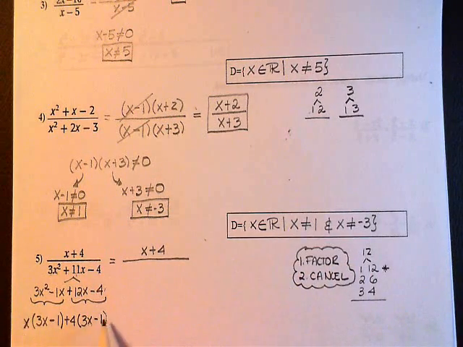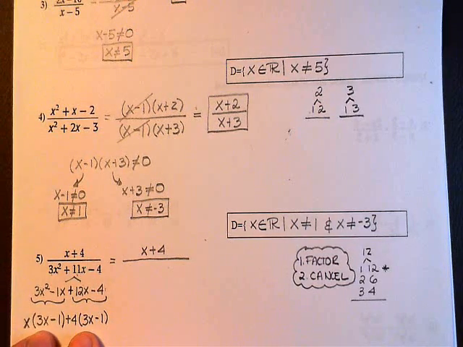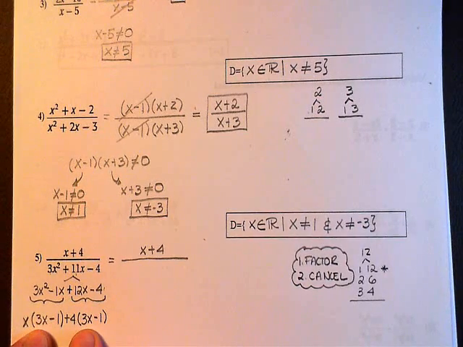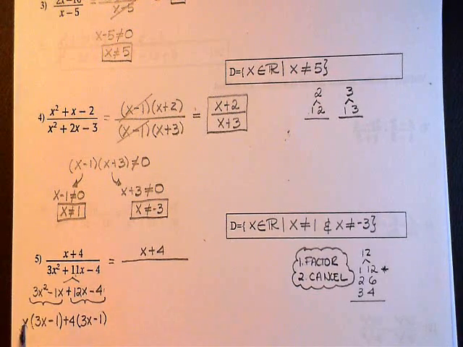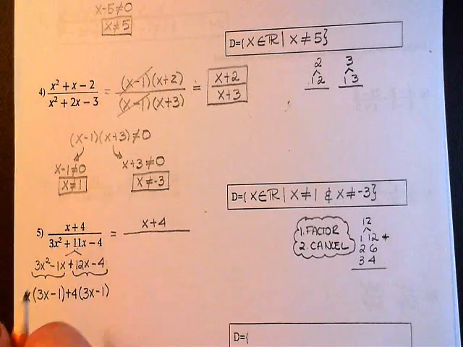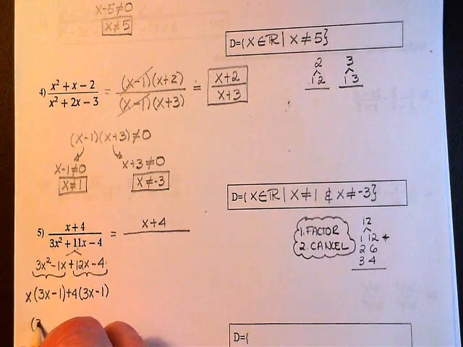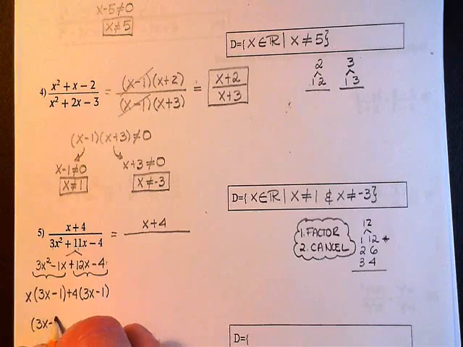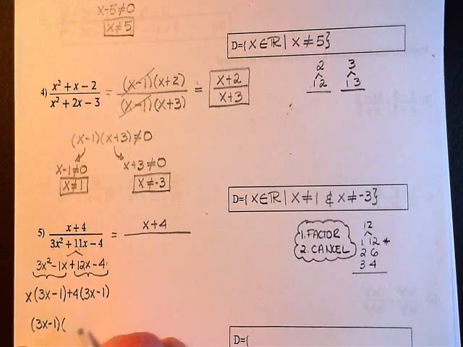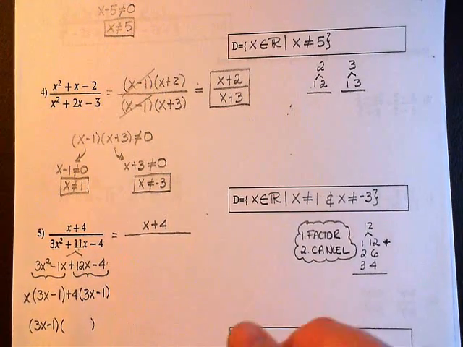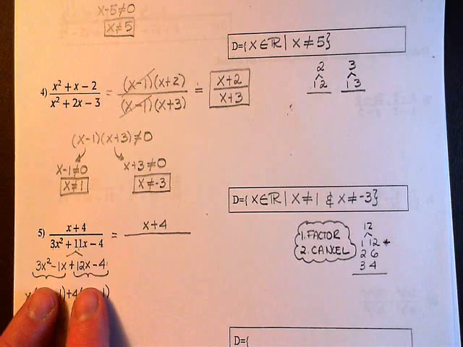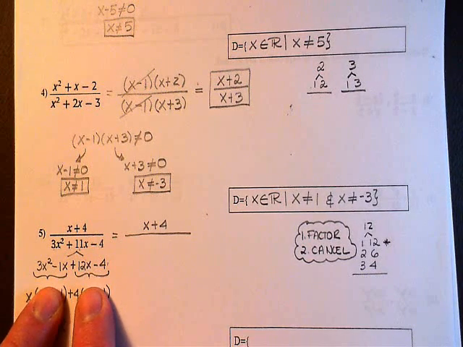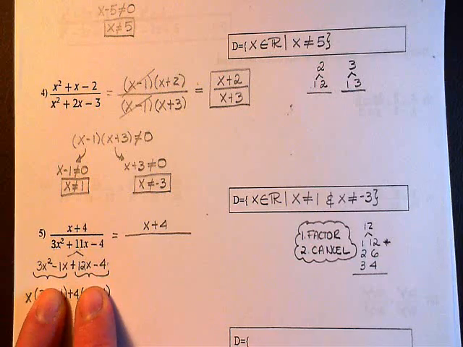So, now that I have that, I have two terms. They both have something in common, which is they both have 3x minus 1. So I'm going to factor that out. I'm going to take that out, put it outside. So 3x minus 1 is what they have in common. And if I was to remove that 3x minus 1 from both terms, what am I left with? Well, I'm left with the x and I'm left with the 4.